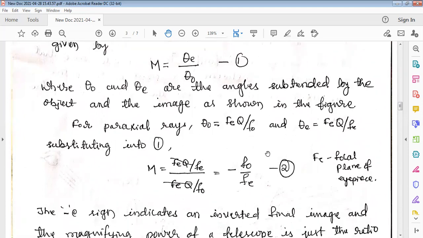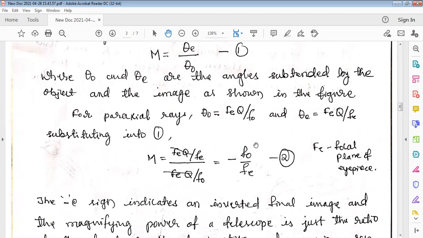So from the theory of optics, we have seen that for paraxial rays, theta naught is equal to F e Q divided by f naught, where Fe is the focal plane and Q is the position where the image is formed, and f naught is the focal length of the objective. Similarly, for the eyepiece, theta e is equal to F e Q divided by fe.